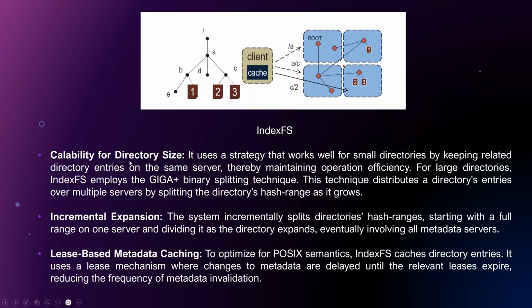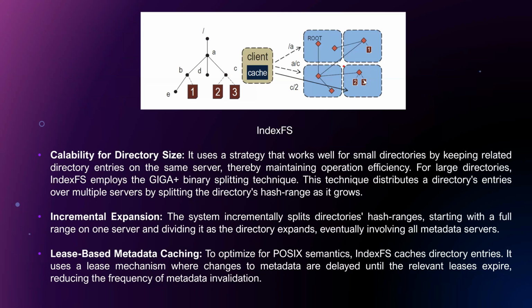Then, the capability for directory size. It uses a strategy that works well for small directories by keeping related directory entries on the same server. As I said earlier, the same files will be on the same server, thereby maintaining operation efficiency. For large directories, IndexFS employs the GIGA+ binary splitting technique.